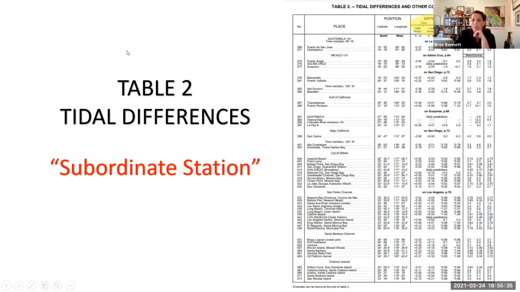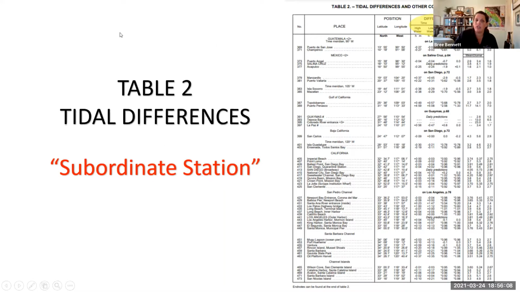So on our table 2, we call it our tidal differences, and it's our list of subordinate stations. We're really going for this column here that says differences. So it's differences in our time and differences in our height. That's the height of the water. So we have the long list of subordinate stations, and then we have our differences.